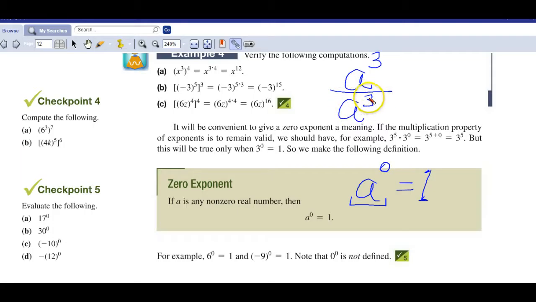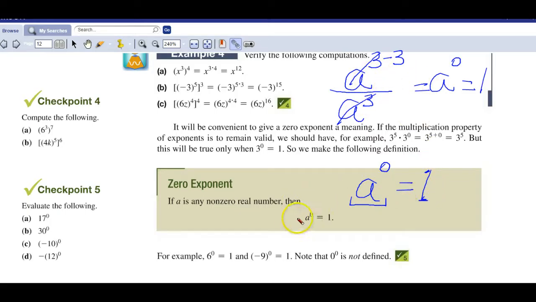The rule is you take an exponent. When it crosses the division bar, the sign of the exponent changes. So this 3rd here comes up to the top as a negative 3rd, and this would give us a to the 0 power. But we also know that a to the 3rd divided by a to the 3rd, anything divided by itself is a 1. So therefore, a to the 0 power is 1.